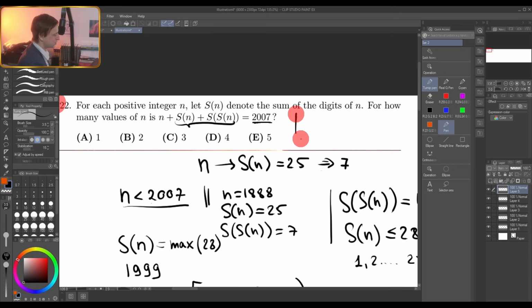We can have possible remainders 0, 1, 2, 3, 4, 5, 6, 7, 8. As you can see, n, s of n and s of s of n all have the same remainder when divided by 9. It's like an extension of this rule about divisibility.